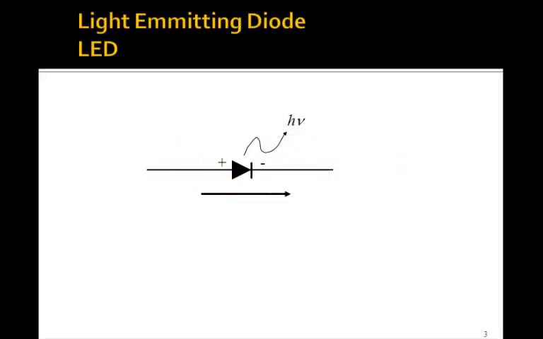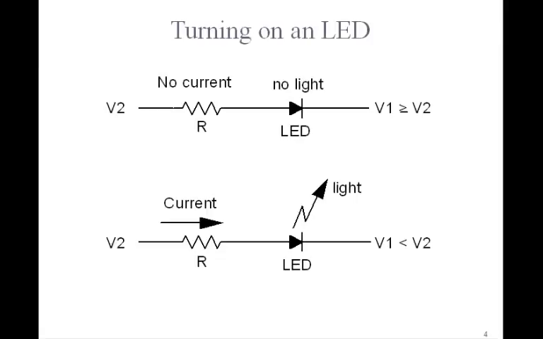So a diode is sort of a one-way street that you can use to light up one of these LEDs. As I mentioned, to turn on the LED, you make V2 greater than V1, in which case current goes through. You'll need a little current limiting resistor here. And if V2 is less than or equal to V1, then no current goes through and you get no light.